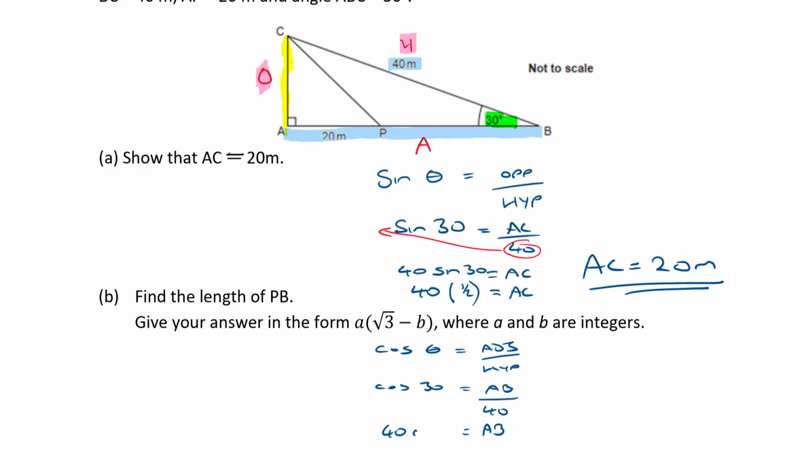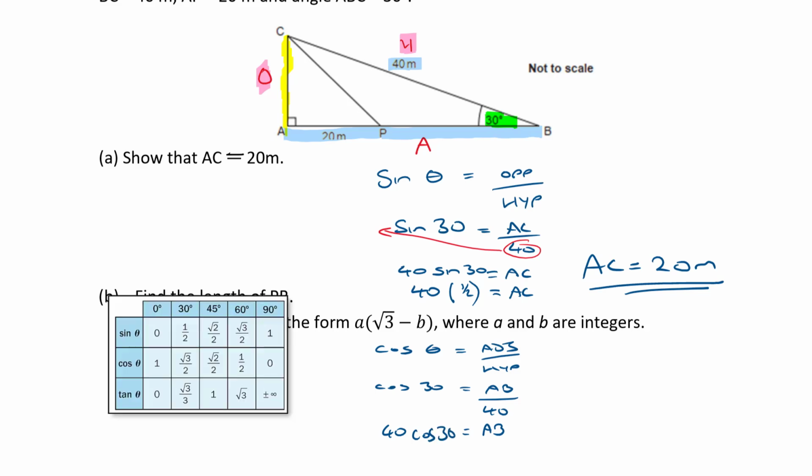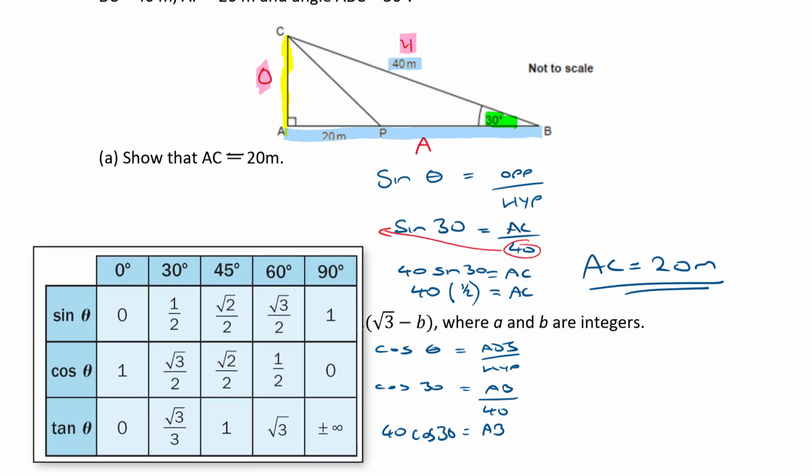40 cos 30. Okay, so it's time to raid the memory bank again and try and remember what cos 30 is equal to. So again, if you recall your exact values that you need to remember, you should know that the cos of 30 is root 3 over 2.